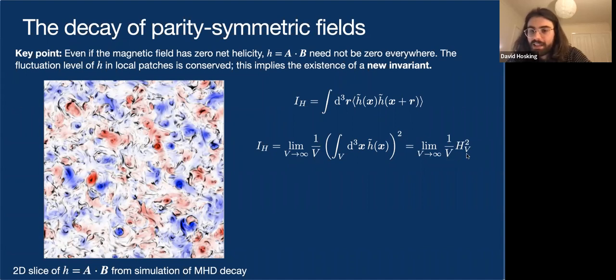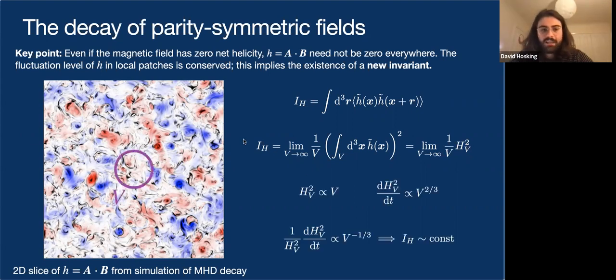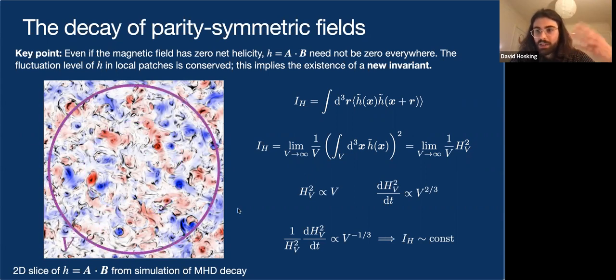So the idea is that if I pick a volume and start increasing it, the total helicity, which is a fluctuating quantity, adds up in a random way, and so H squared is proportional to the volume.